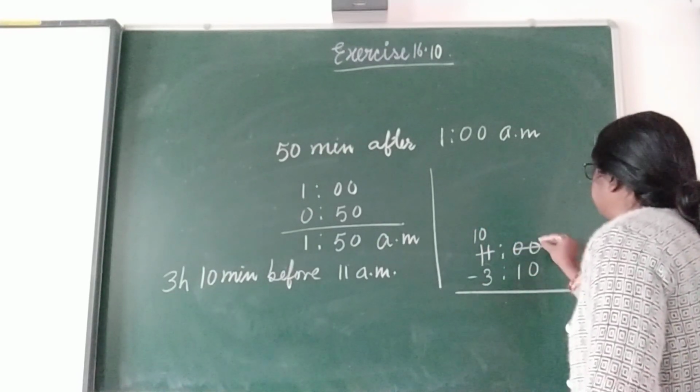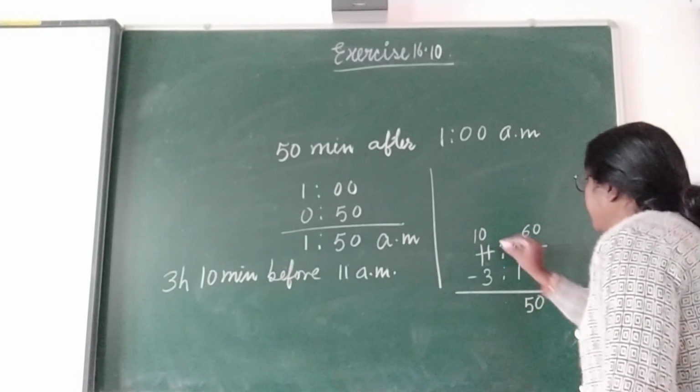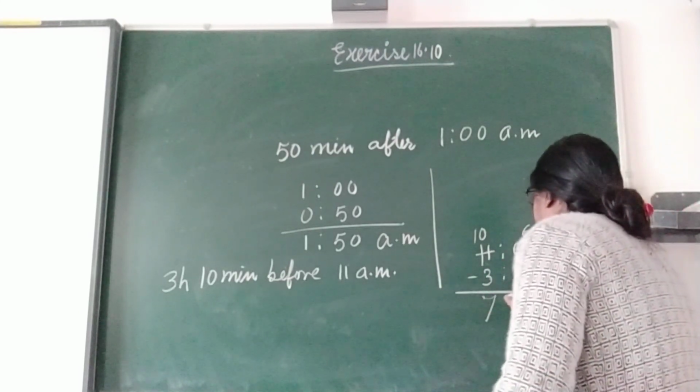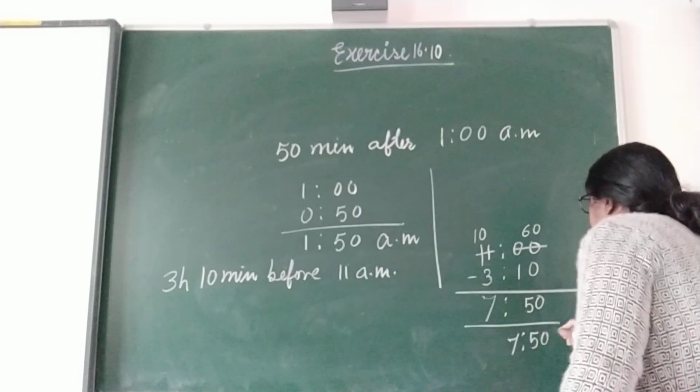This is 10 and this is 60. 60 minus 10 is 50 and 10 minus 3 is 7. So the time is 7:50 AM.